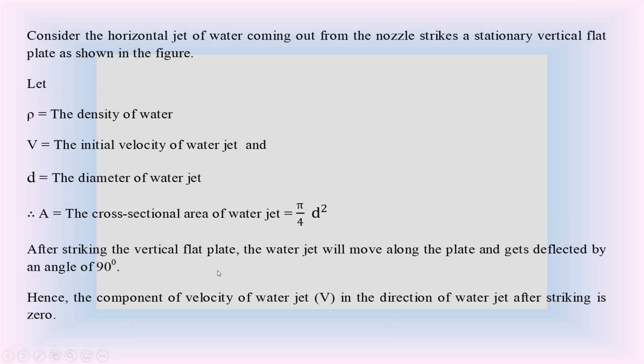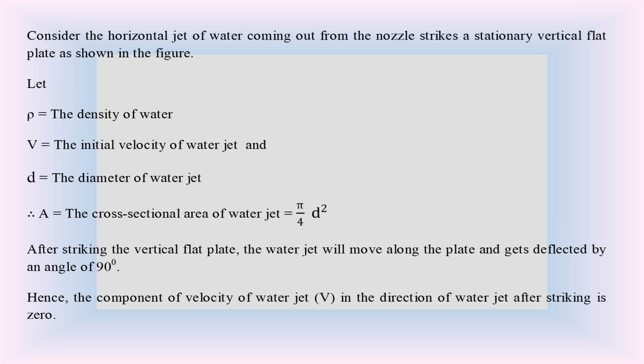Here, after striking the vertical plate, the water jet moves along the plate and gets deflected by an angle of 90 degrees. Initially the water jet is horizontal; after hitting, it moves in the vertical direction.